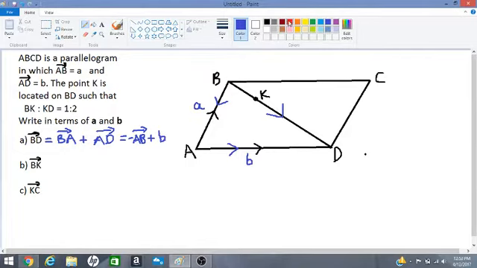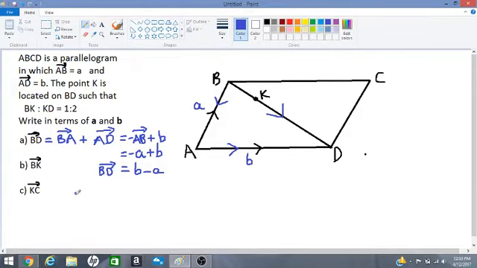Okay, this is AD here, little b. So negative AB will just be negative a plus b, which will give b minus a, and this is the answer for part A. So BD is equal to b minus a. Alright, so let's do part B now.